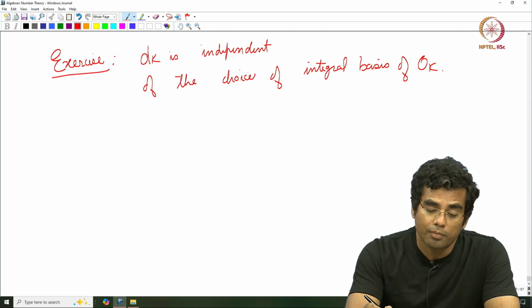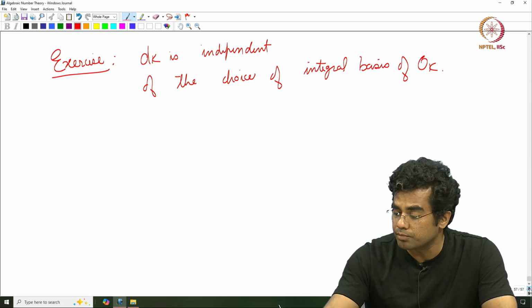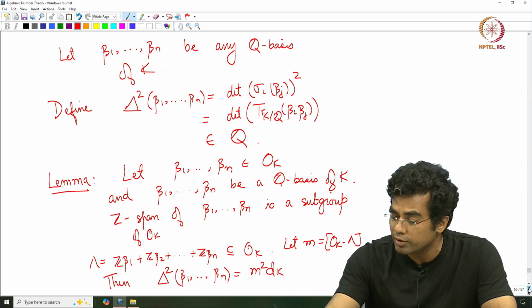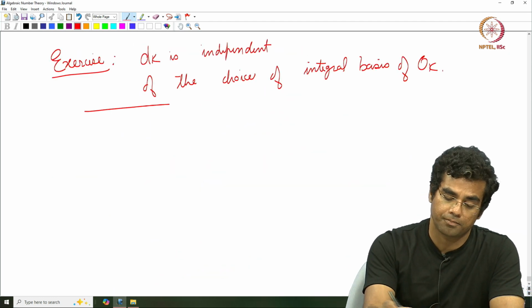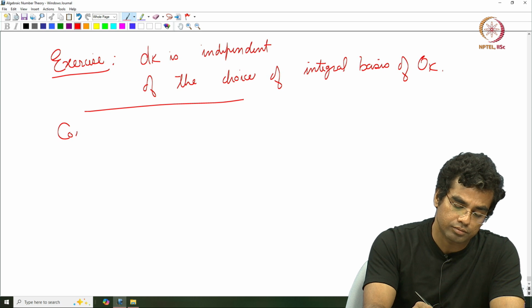All right. So, this lemma, which looks kind of harmless including the proof, is actually quite useful when you want to compute integral basis. So, here is a corollary.